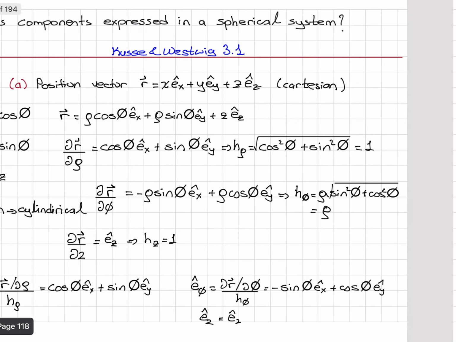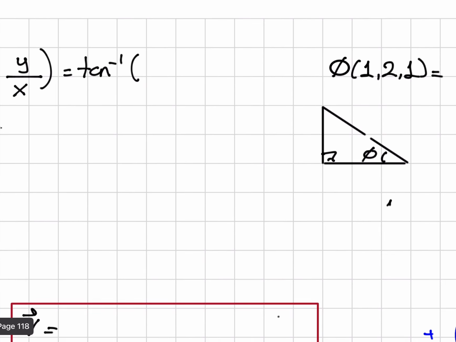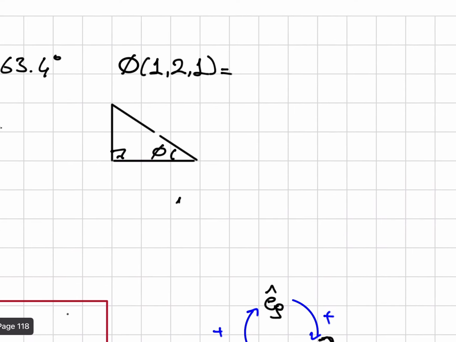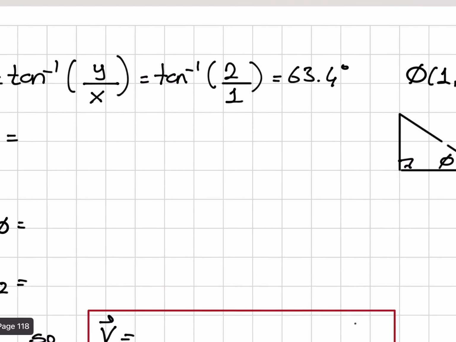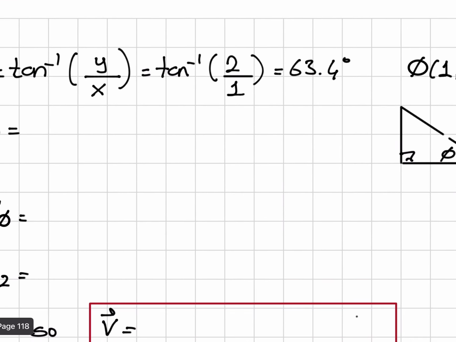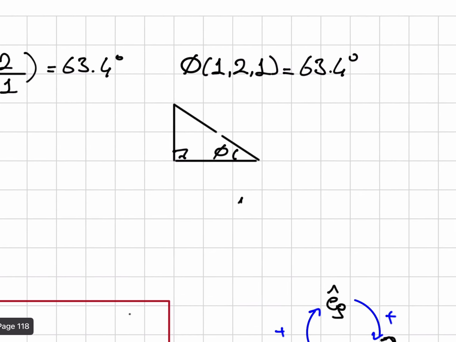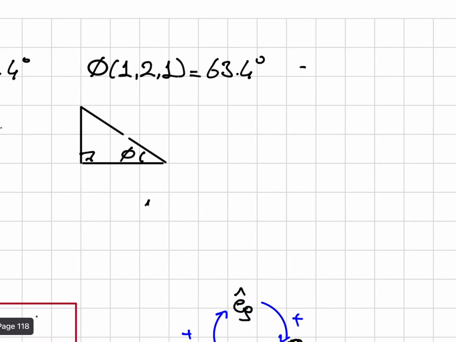So y is equal to 2, x is equal to 1. So the phi angle is 63.4 degrees. And since tangent phi is sine phi over cosine phi, that gives me 2 over 1, which tells me that sine phi is 2 cosine phi at this point.